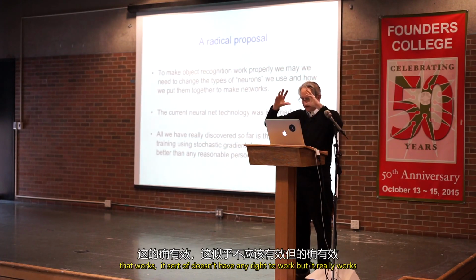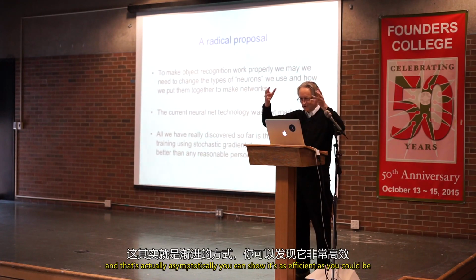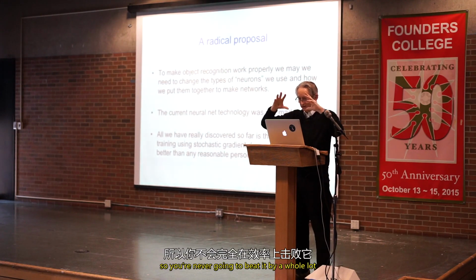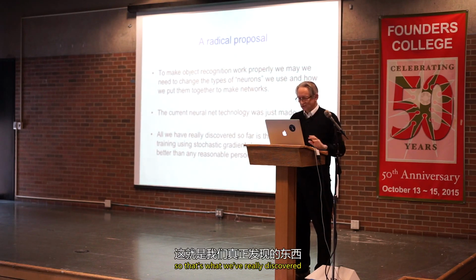It sort of doesn't have any right to work, but it really works. And actually, asymptotically, you can show it's as efficient as you could be. So even this dumb optimization algorithm is asymptotically efficient. So you're never going to beat it by a whole lot, not hugely, not polynomially. So that's what we've really discovered.